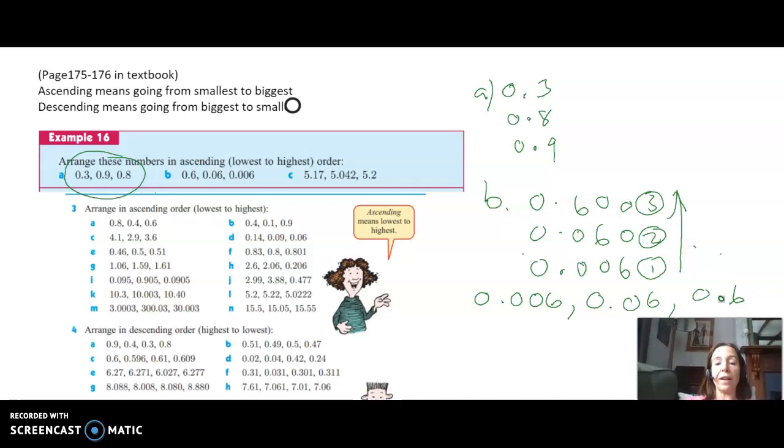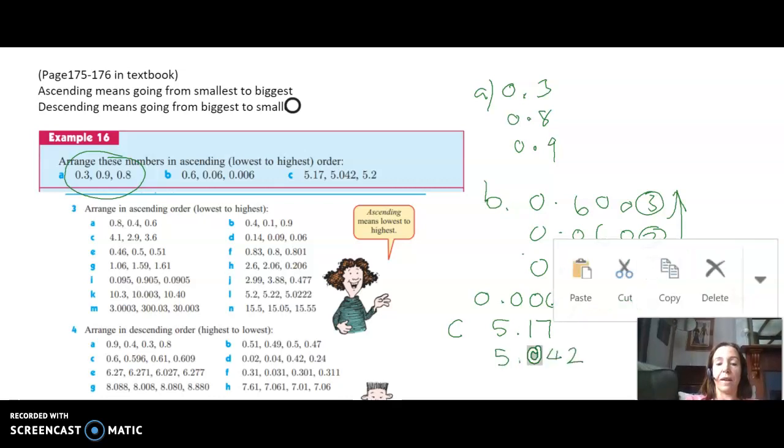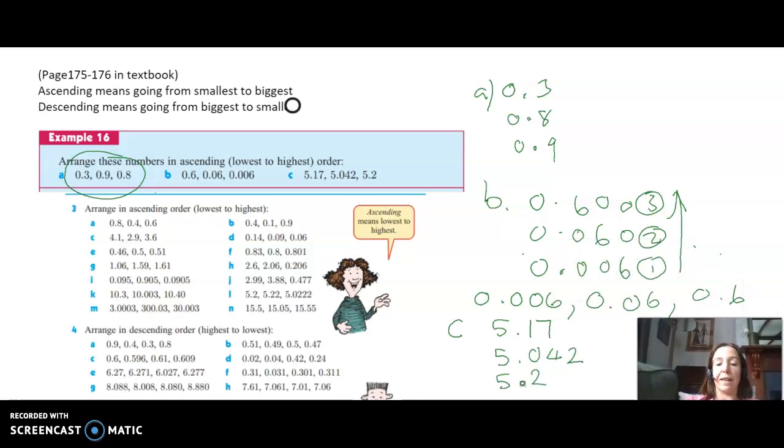In the third one, in C, I'm going to again write them down, putting my decimal places in. Again, they had to have the same number of decimal places, so I'm just going to add in some zeros. Now they all start with 5. Just check that.